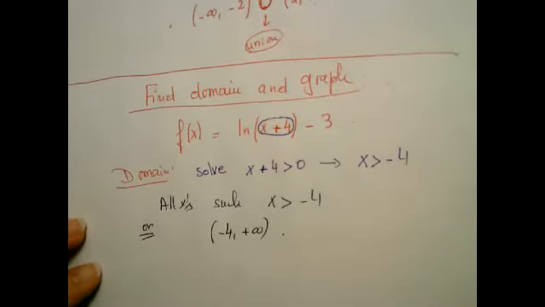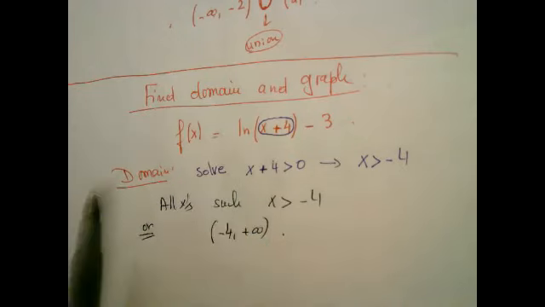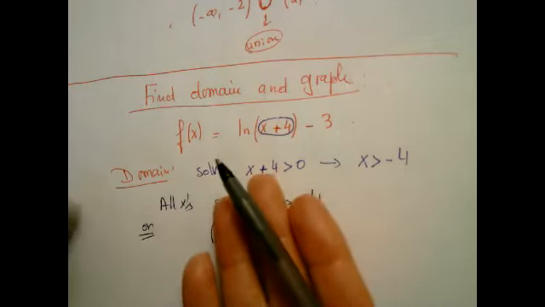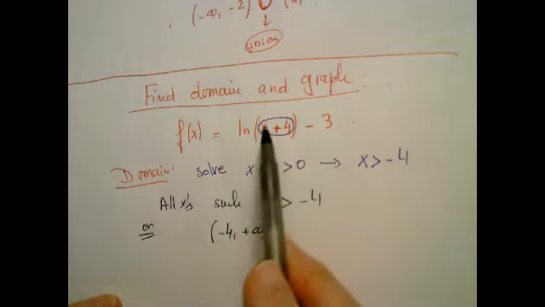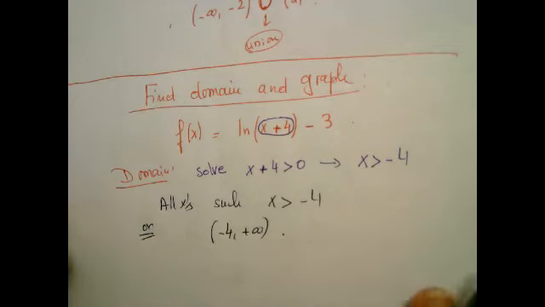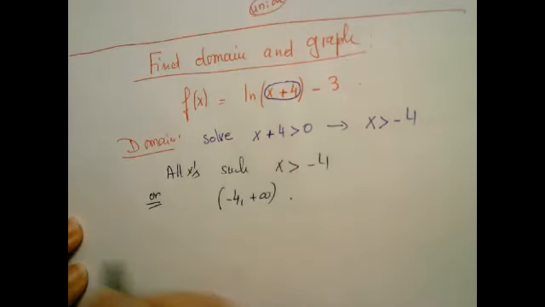Very good. Now, the graph. I want you to sketch the graph by using shifting and scaling and stuff like that. And this one, you want to sketch it starting from the ln graph. So how shall we get this graph from the ln graph?